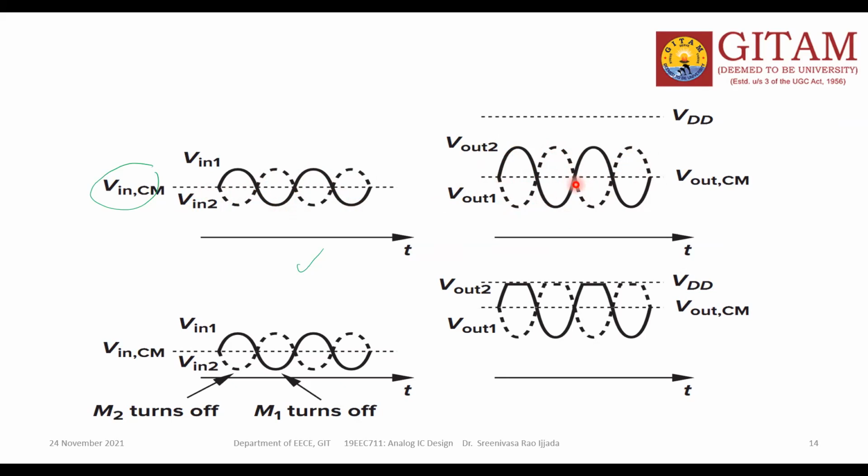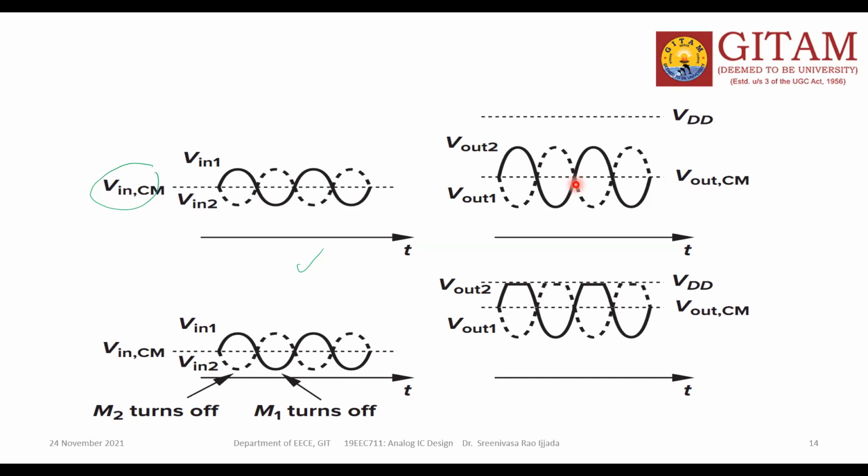Why is it? Because your CS amplifier is what? An inverting operator. Inversion operator means whatever signal you are feeding at the base of the transistor, at the output you will get a 180 degree phase shift of the signal.